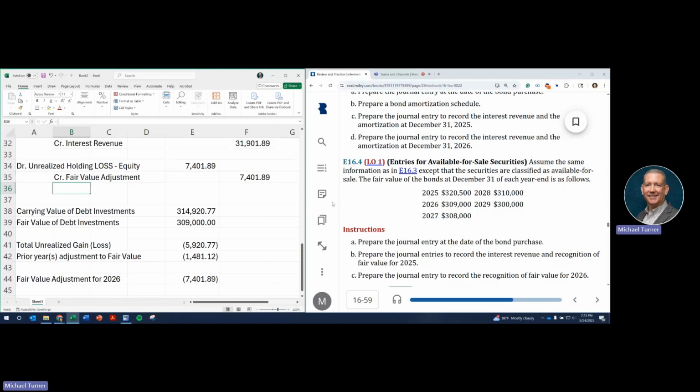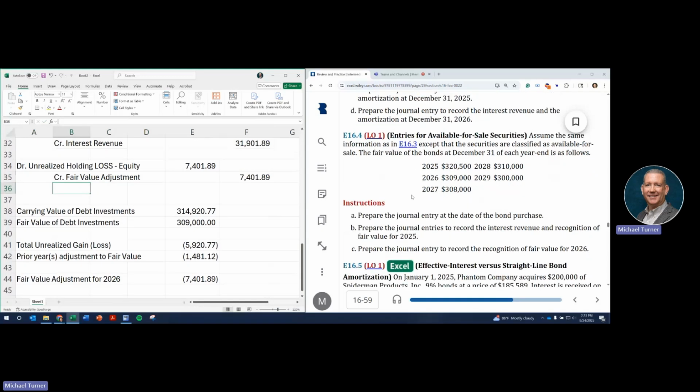And we'll continue that process every year. This does conclude the problem, so it didn't ask us to continue into 2027. Again, this is an example on how to treat a bond debt investment when management's intention is that it is available for sale versus held to maturity or a trading instrument.